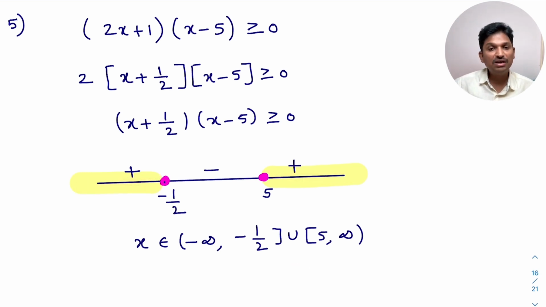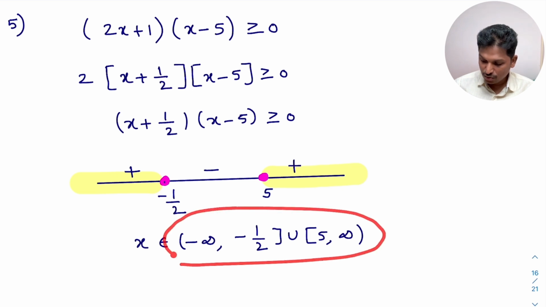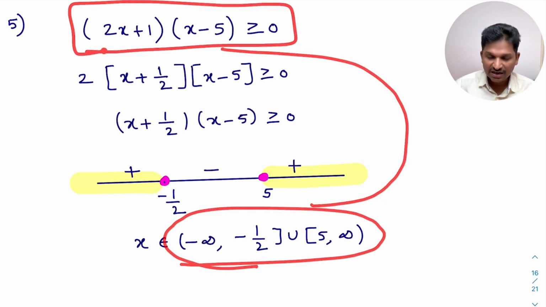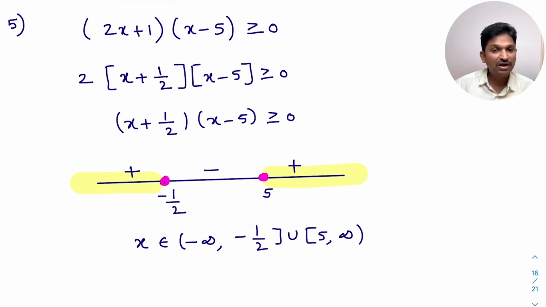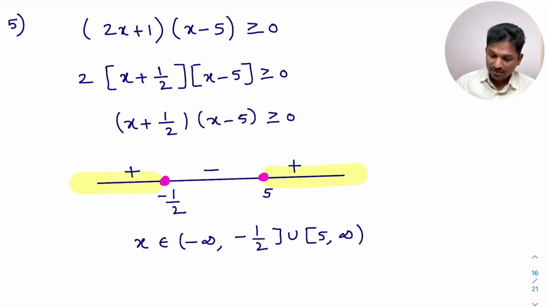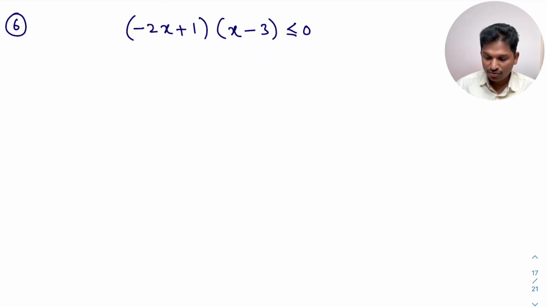If you take any number in this interval and substitute it in this inequality, it will definitely satisfy it. I hope you understand. We calculated the solution of this inequality. In the exam they'll ask it like 'solve for x this inequality'. Okay, now we'll move to the next question.